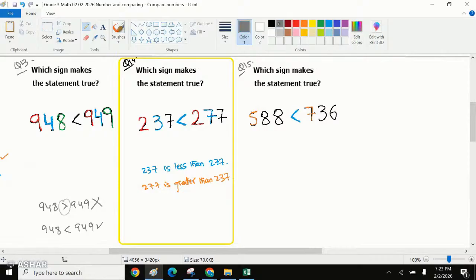right? Or if I would write 736 first and 588 later, then my sign would flip. But both of these statements are true.